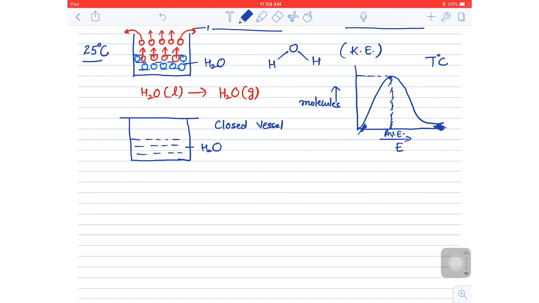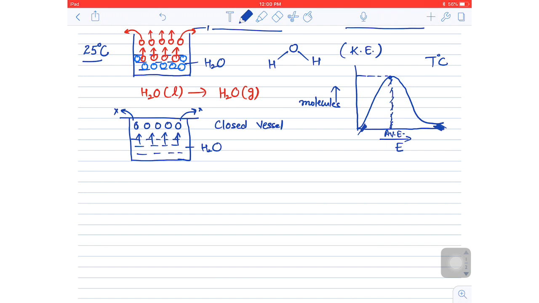So what will happen? Again, the water molecules will evaporate and fill the available space here. Since they are not allowed to go out, they will be collected above the liquid surface, which is water.